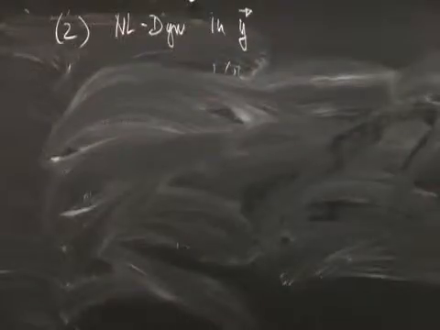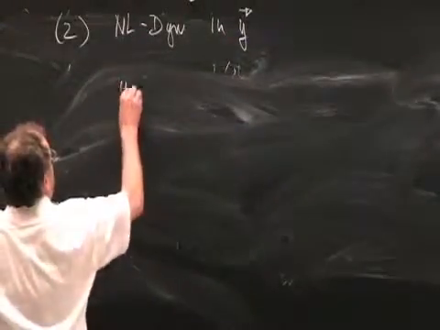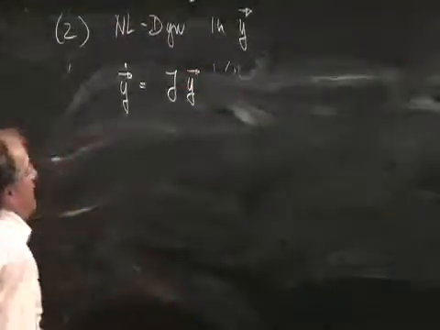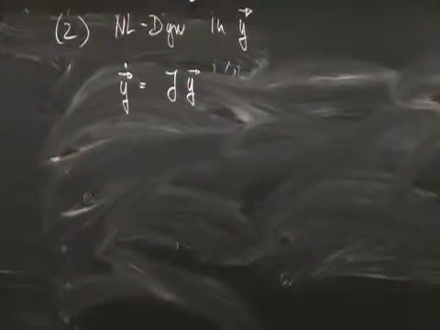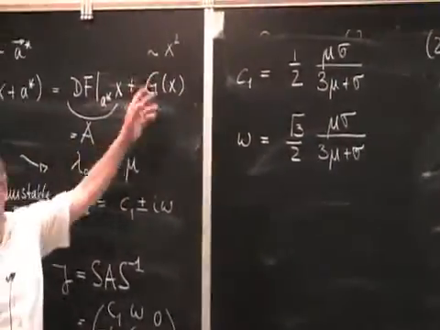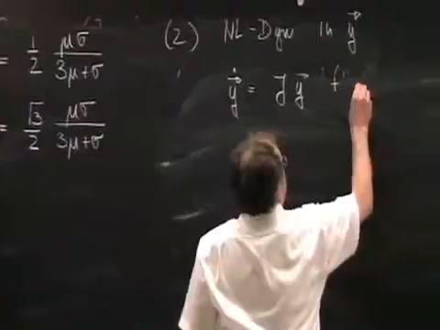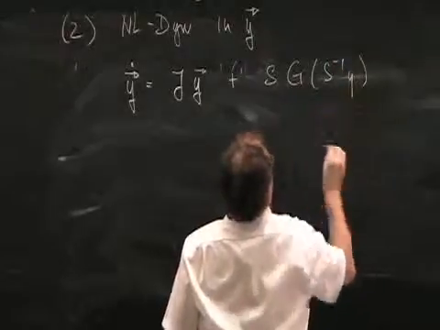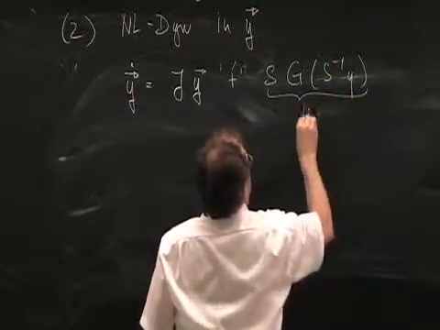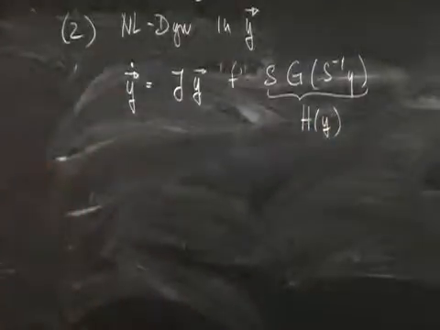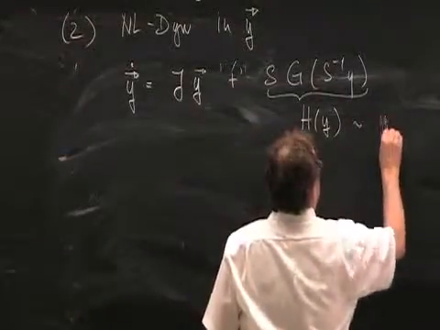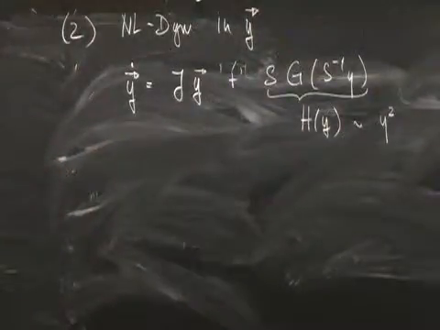What that gives you is that y dot is of course the linear part, J times y, plus the transformation of this nonlinear part into this particular reference frame, and that's plus S g S to the minus 1 y, and I simply call this a new function h of y, which has a complicated structure, but what you can tell, it's again just containing quadratic expressions in y.